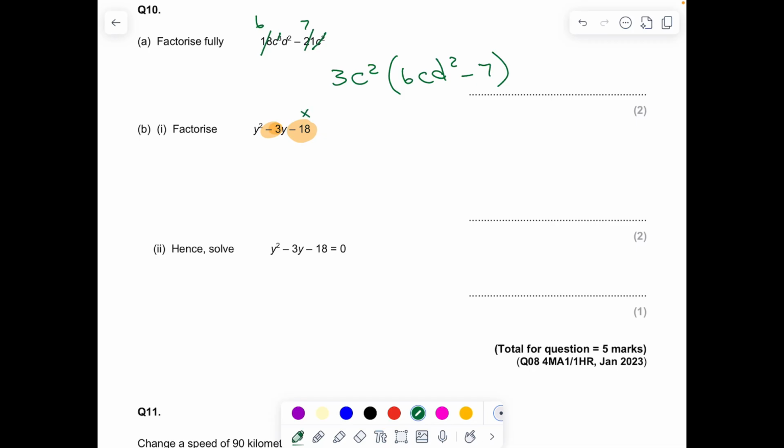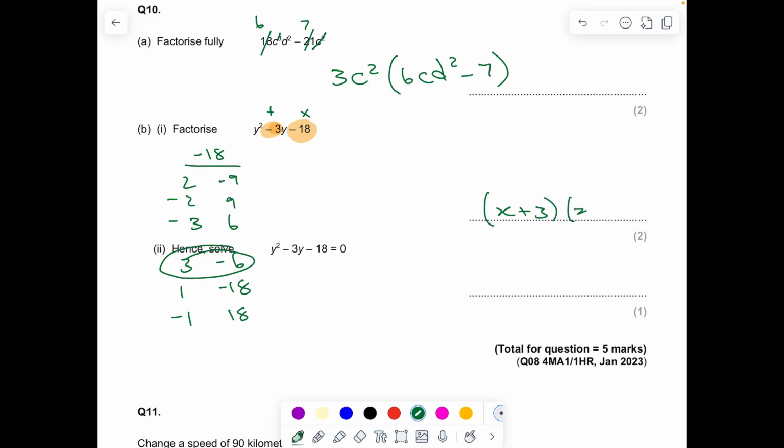If you think of all the things that multiply to make minus 18, you could have 2 and minus 9, minus 2 and positive 9, minus 3 and positive 6, 3 and minus 6, 1 and minus 18, and minus 1 and positive 18. Now the only ones that add to make minus 3 are minus 6 and 3. And so that's what we put in our brackets, x plus 3, x minus 6.